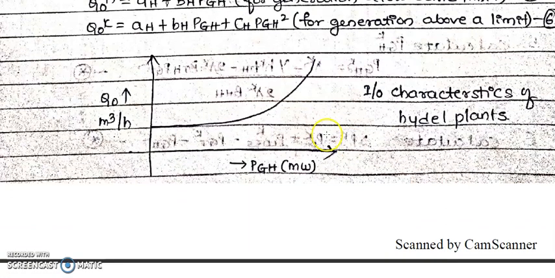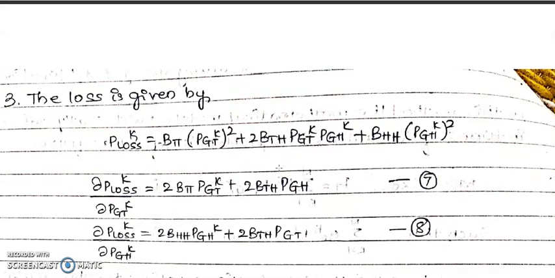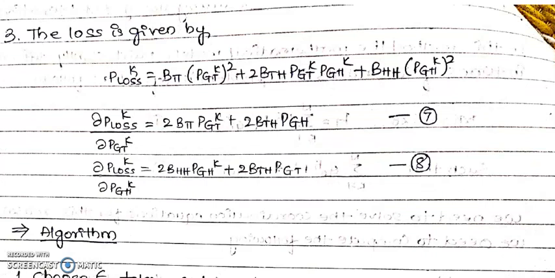Looking at the input and output characteristics of the hydro power plant, the x-axis shows the power generation of the hydro power plant in megawatt, and the y-axis shows the total discharge in meter cube per second. This curve indicates the total discharge with respect to the total hydro generation of the system.